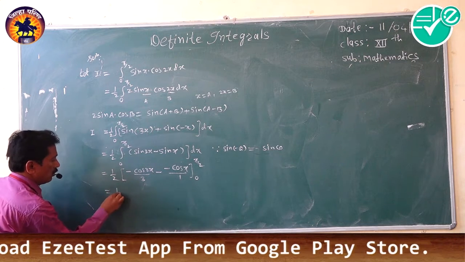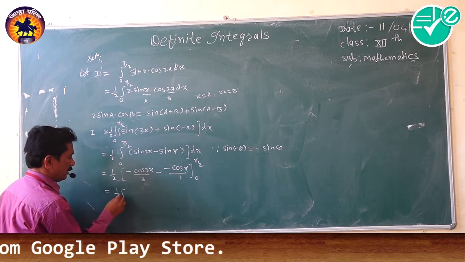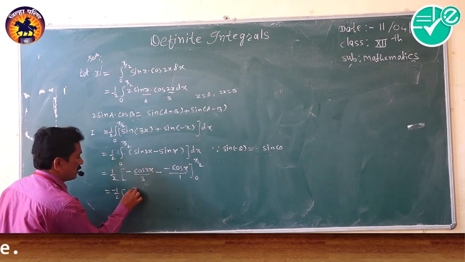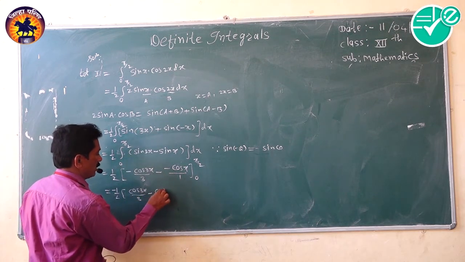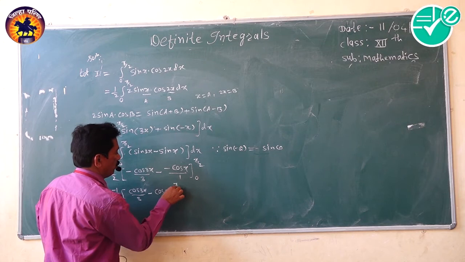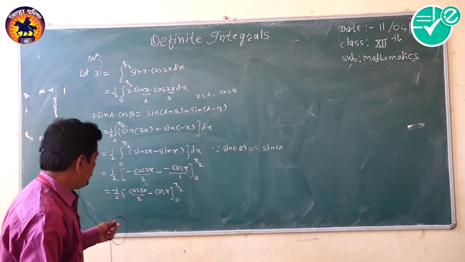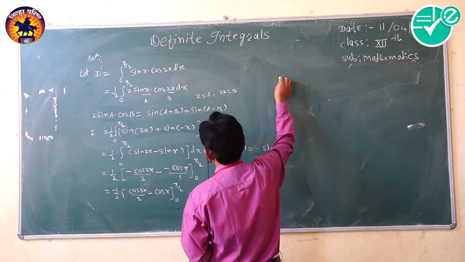This is equals to 1 by 2, taking minus common, cos 3x upon 3 minus cos x, 0 to pi by 2. Now substituting the limits, the upper limit is pi by 2 and the lower limit is 0.